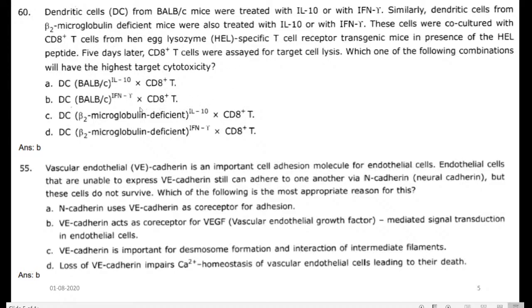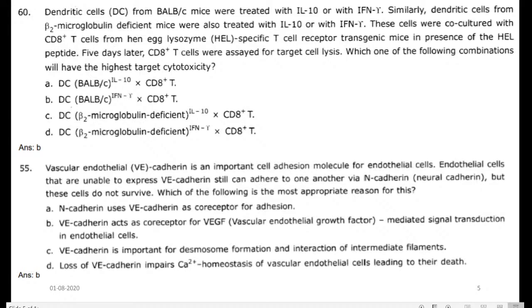Why this concept? Why not interleukin 10? Whenever you are studying the T cell receptors, the T cells have antibodies against their own T cells, and interferon gamma cells have the higher target toxicity. Another possibility is that when you take B cells, they show a higher toxicity with interleukin 10.